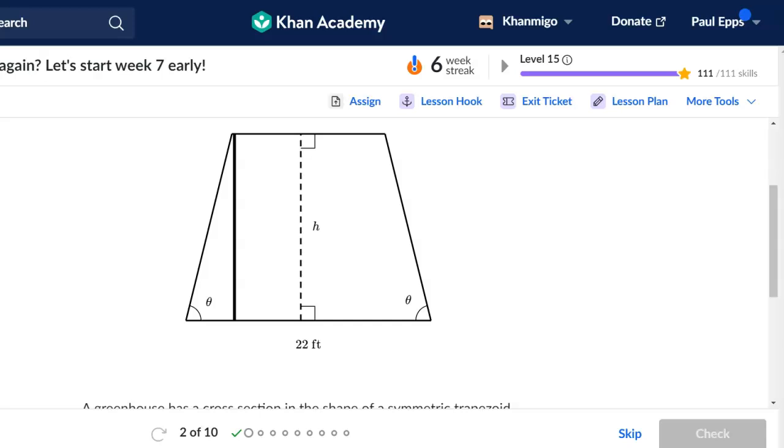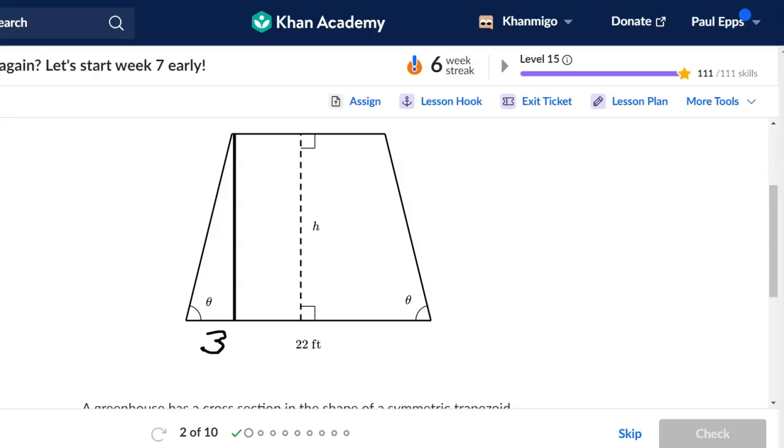The top base is 16, so if we drop a line here, we'll have a rectangle, 16 by 22. That's 6 feet left over. That means that over here, this segment is going to be 3. So the base, we could think of it as 3 plus 16 plus 3.